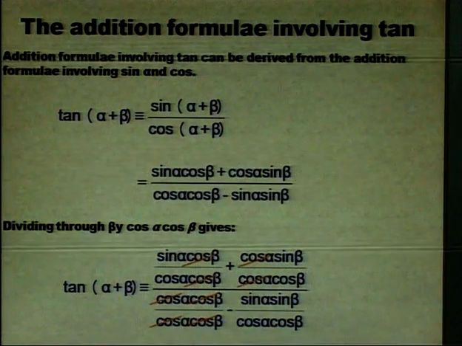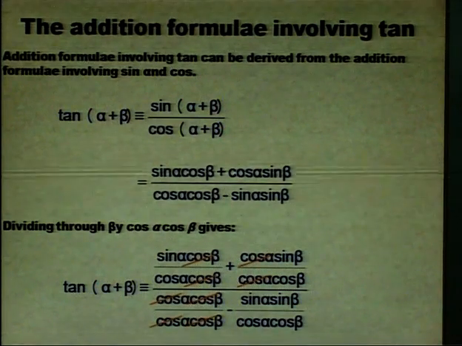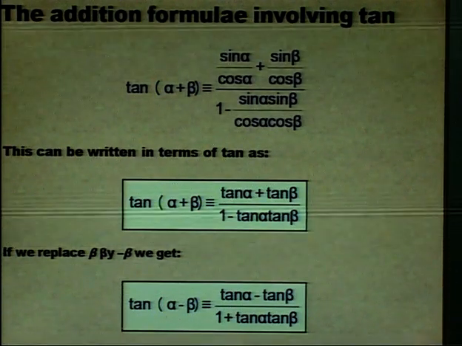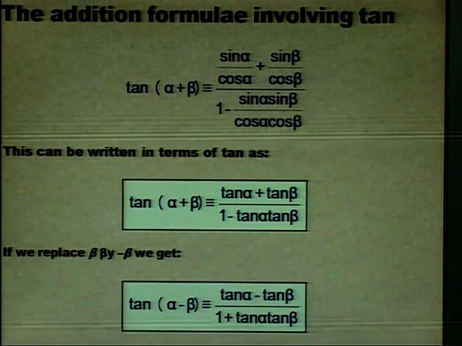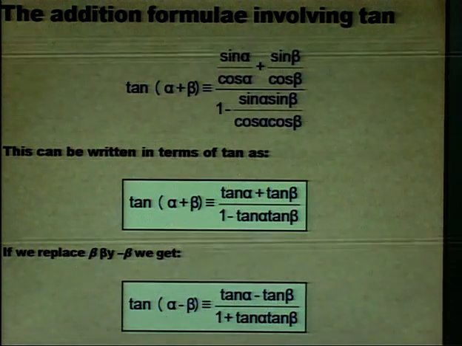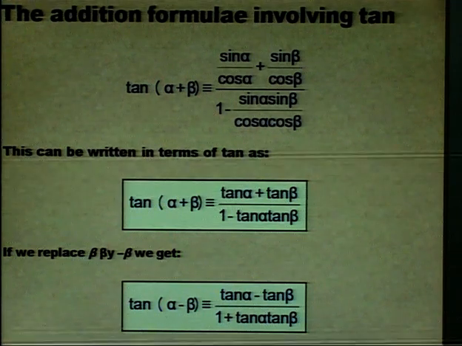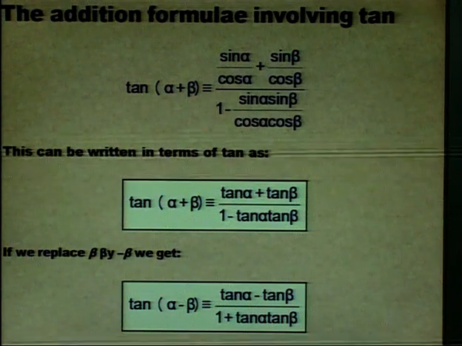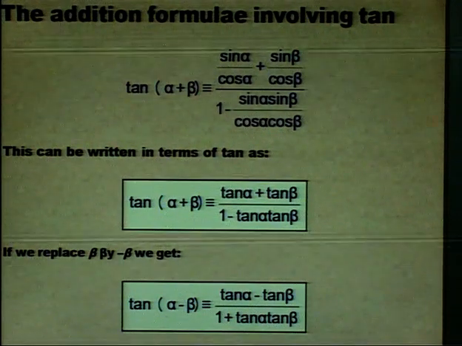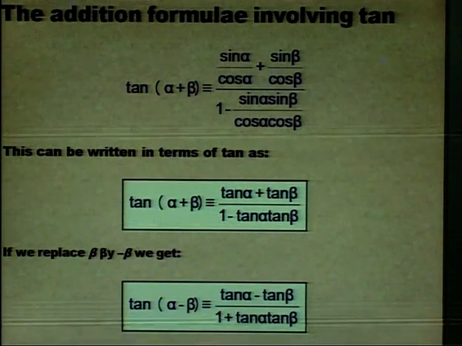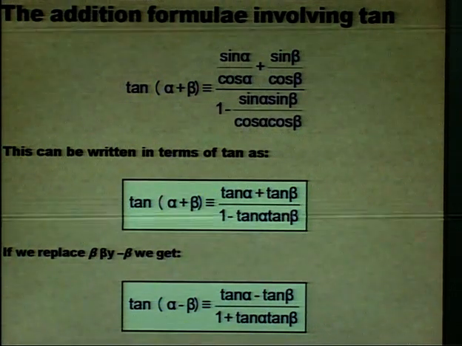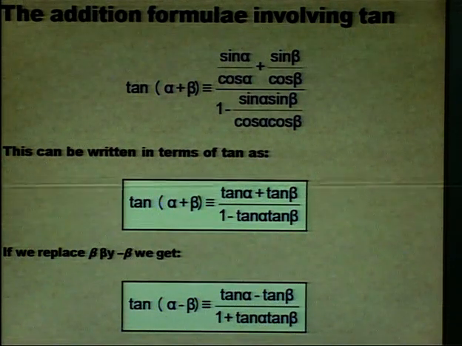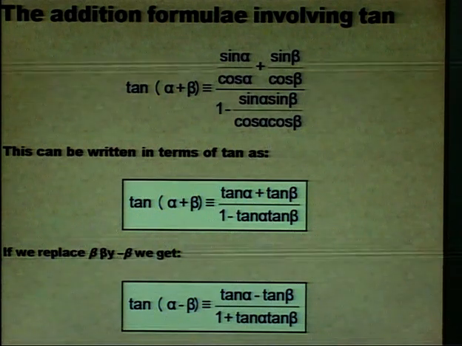Using the fact that sin theta upon cos theta is equal to tan theta, I immediately get sin alpha upon cos alpha plus sin beta upon cos beta over 1 minus sin alpha sin beta upon cos alpha cos beta, and this can be written in terms of tan as: tangent of alpha plus beta is tan alpha plus tan beta upon 1 minus tan alpha tan beta.